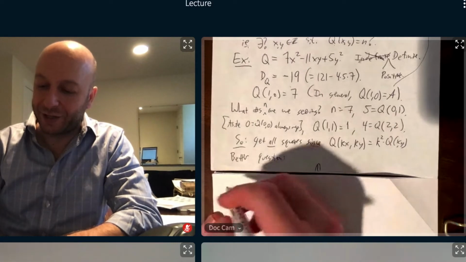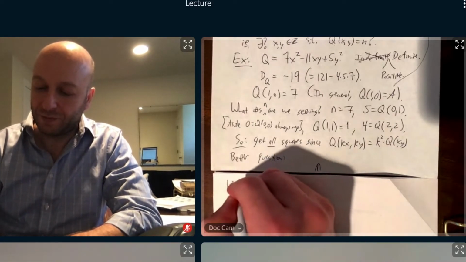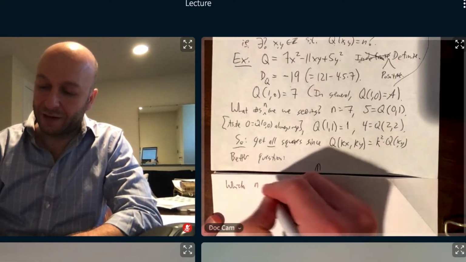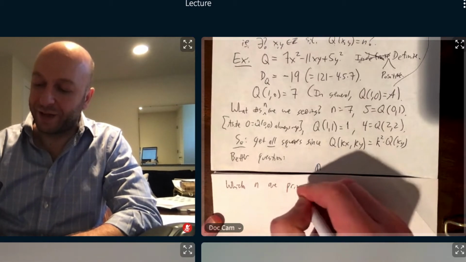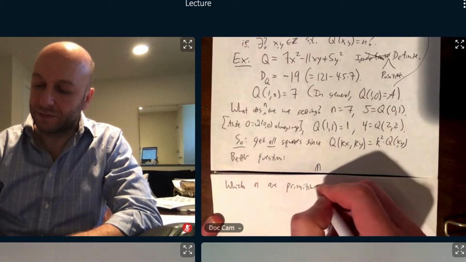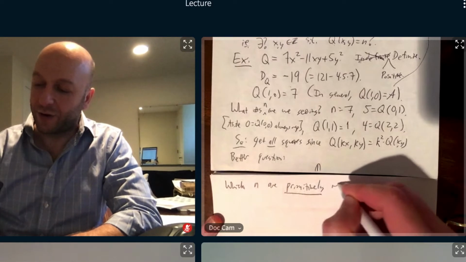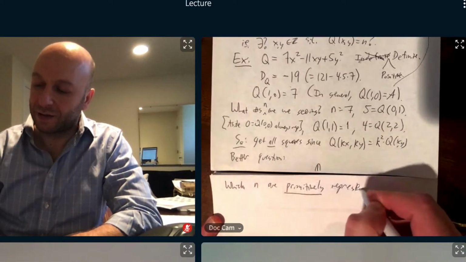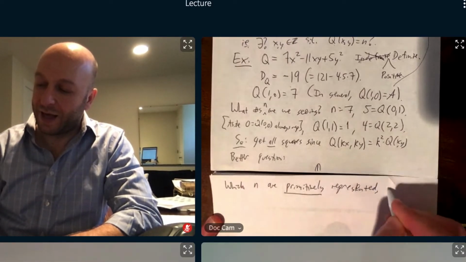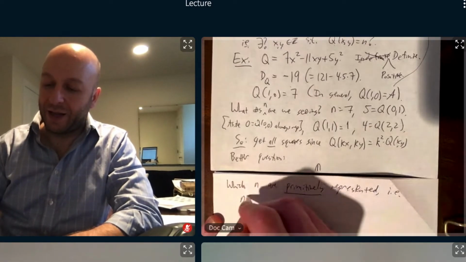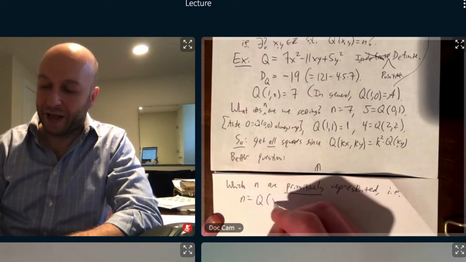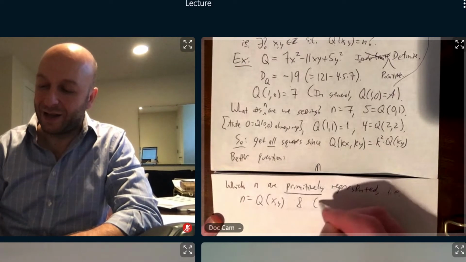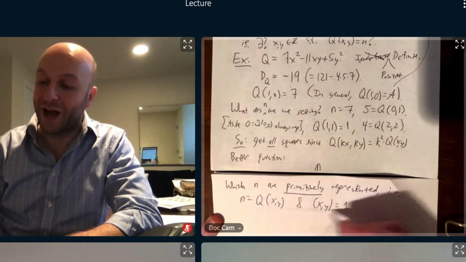So a better question is, which n are primitively represented, i.e. n is equal to q of xy, and x and y have no factor in common.